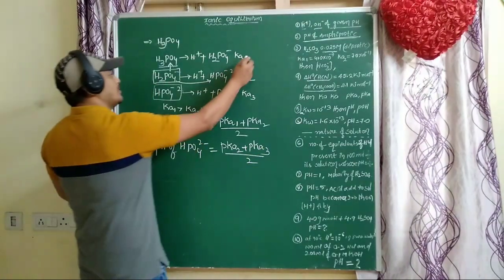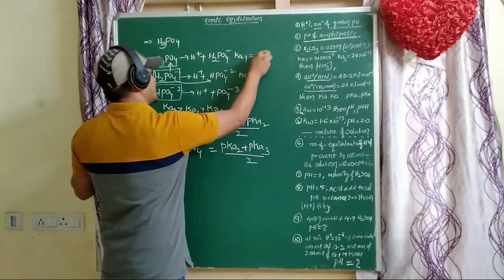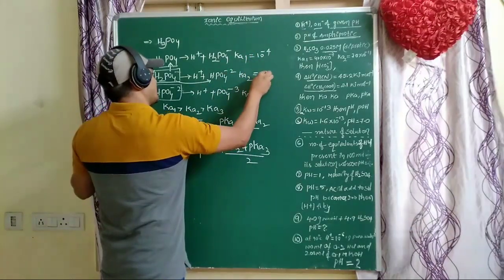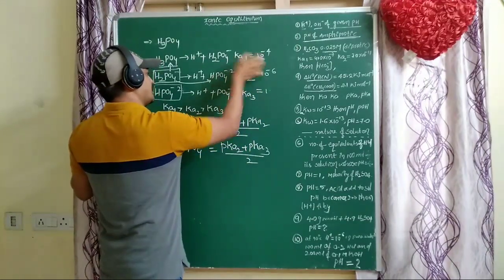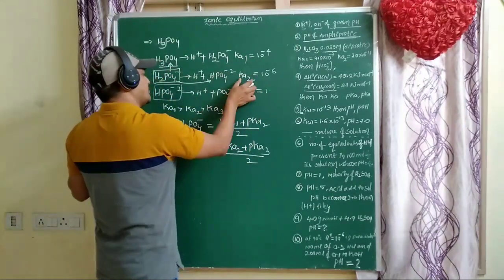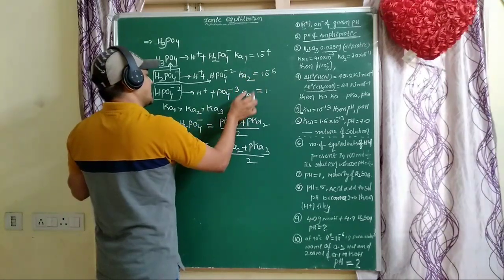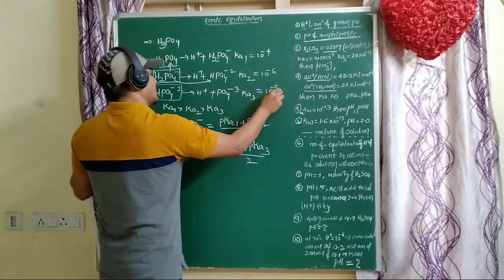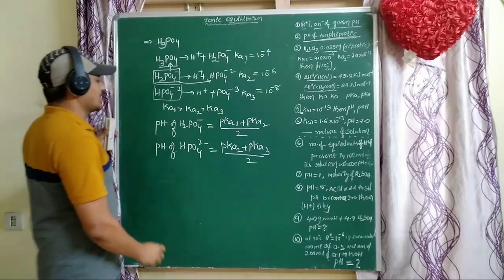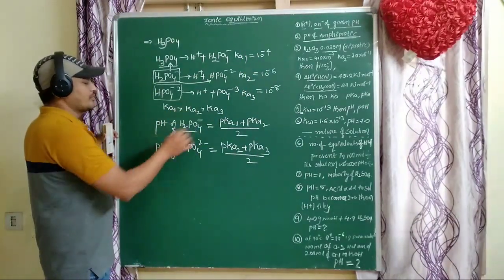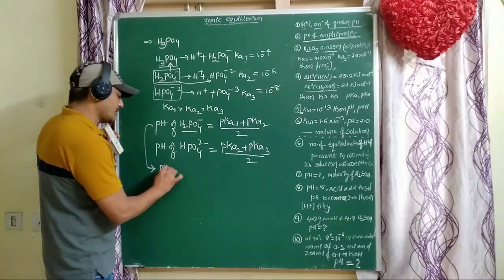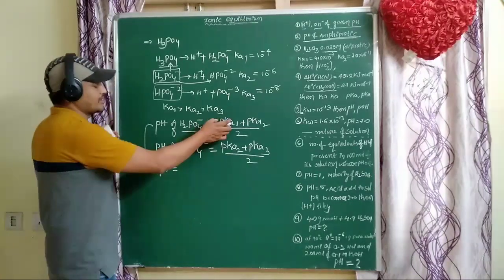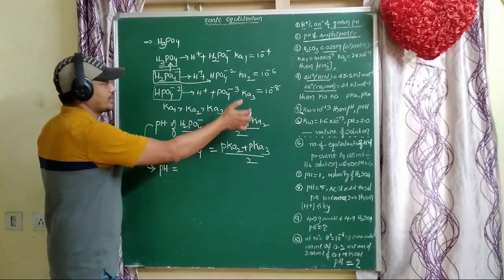For example, Ka1 is equal to 10 power minus 4, Ka2 equal to 10 power minus 6, Ka3 equal to 10 power minus 8. Now calculate the pH of H2PO4 minus. Here pH equal to the average value of pKa1 and pKa2.